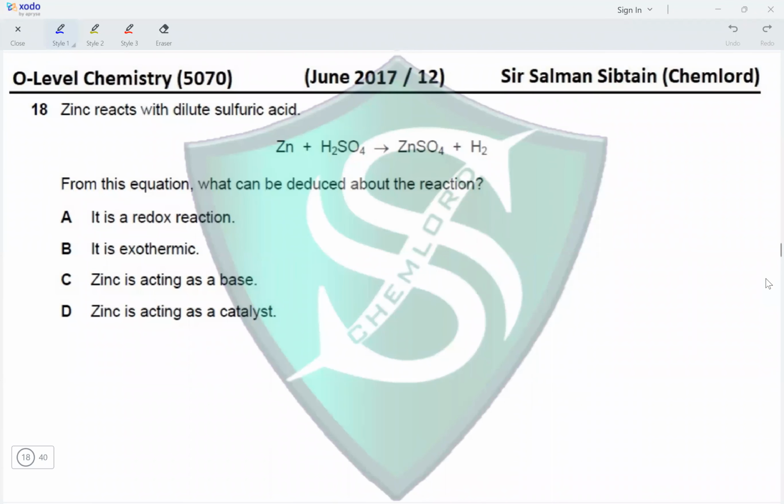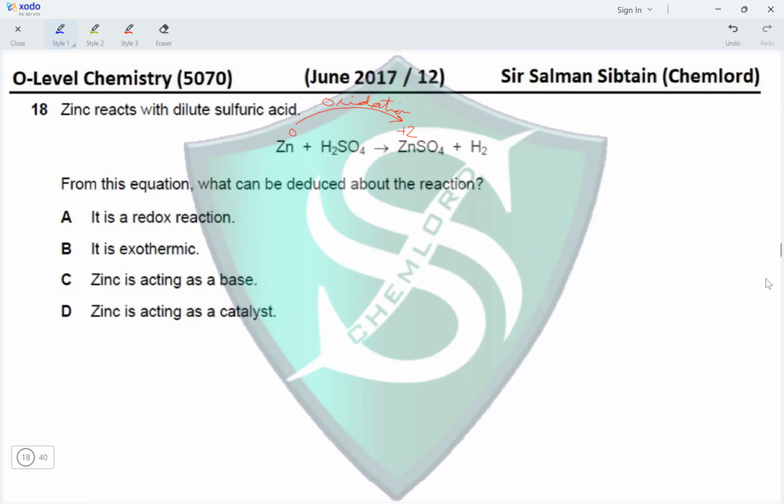Question 18. Zinc reacts with dilute sulfuric acid. From this equation, what can be deduced about the reaction? It is a redox reaction. So let's check. Zinc has an oxidation state of 0 in the reactants and it has an oxidation state of +2 in the product. So from 0 to +2 is oxidation.